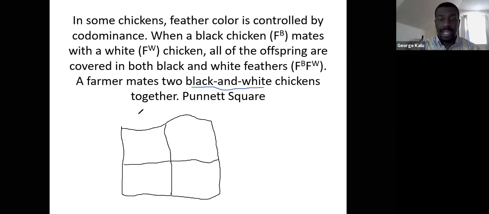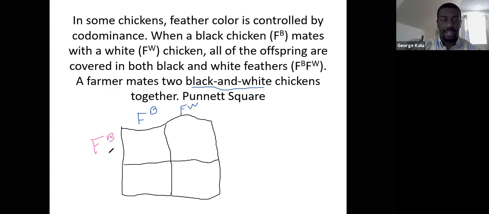So we have a parent that is FBFW. And then the other parent is also going to be black and white. So what's its genotype going to be? FBFW, perfect.